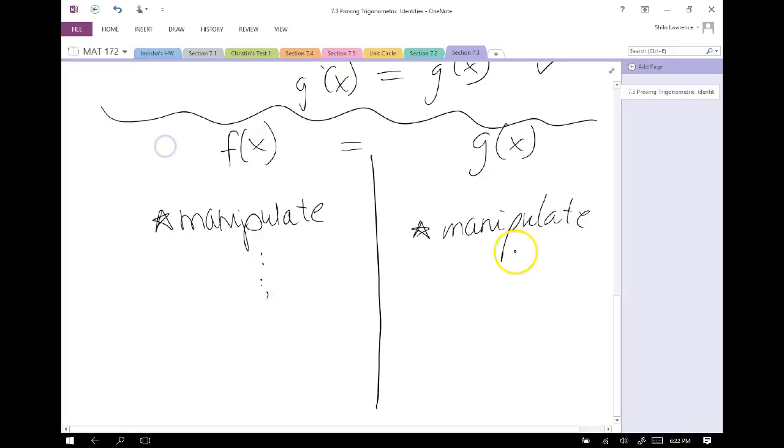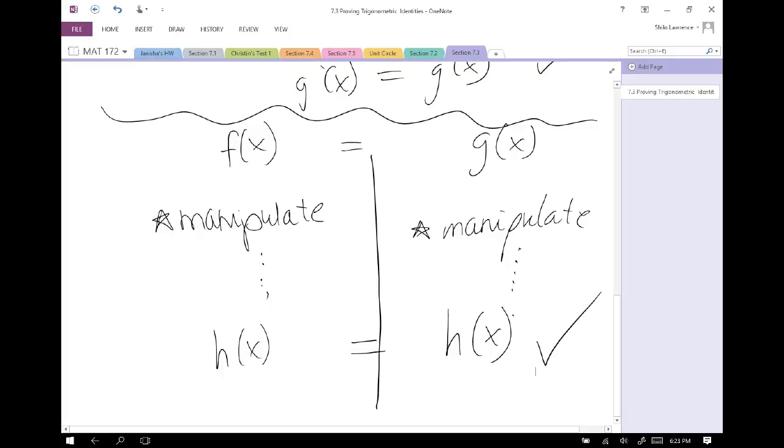We're going to use algebra and we're going to use trig, and we're going to turn them both into something different. As long as we can get them to match using algebra and using trig identities, the basic trig identities we learned in 7.1 and 7.2, as long as we don't violate any math rules, and we can get them to match, we've proven the identity.